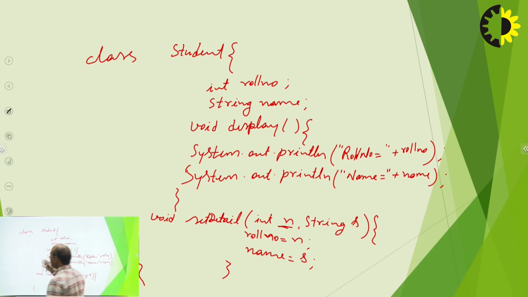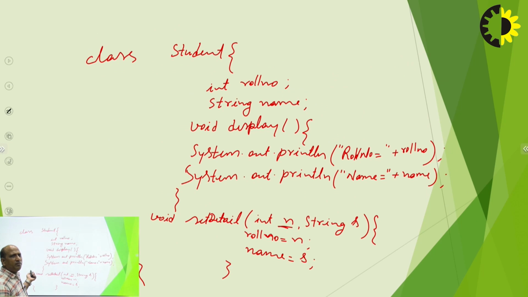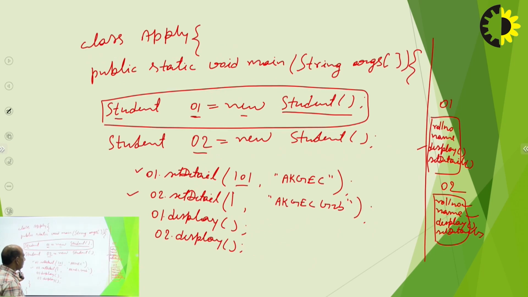You have created a class one time, and whenever you require this type of task, you just create the object of that class, and through those objects you can call the methods that you have defined over here. This way you can create a class and the object of the class.